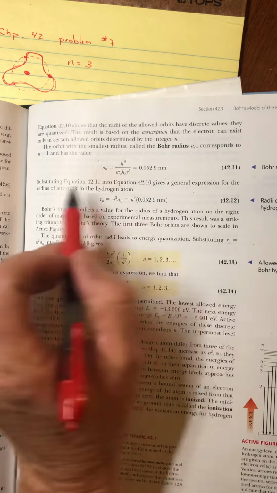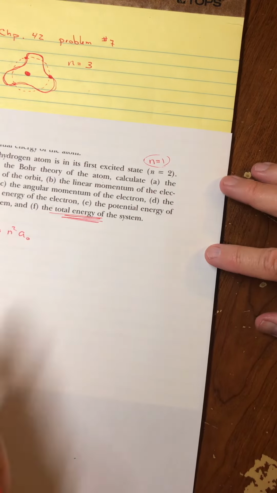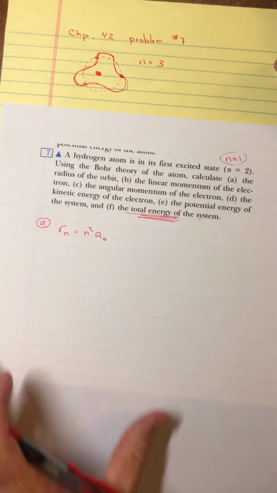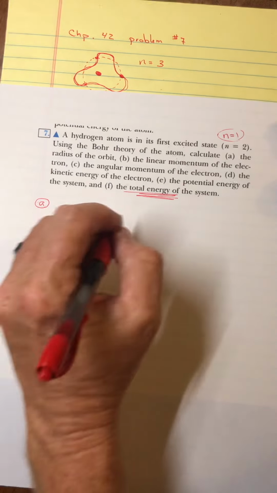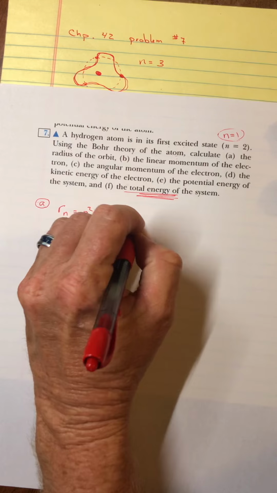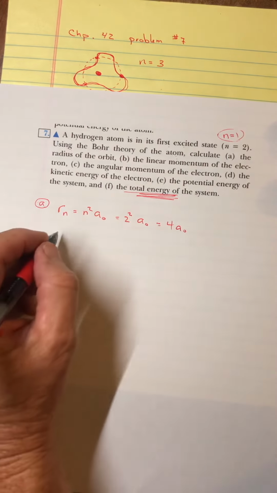So in our case, it would be n squared. That would be 2 squared, so that's a 4. 4 times that number. So let me start there. I would say, okay, the radius of the orbit is n squared times the radius of the ground state. So in this case, it'd be 2 squared times the ground state, which is 4 times the ground state.